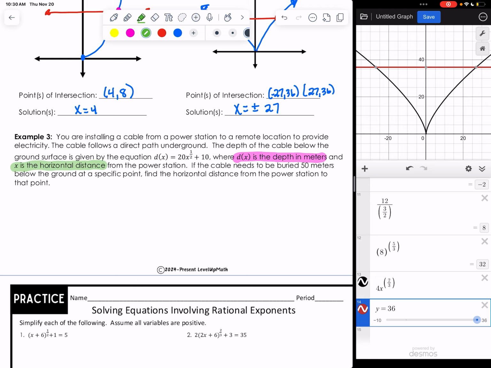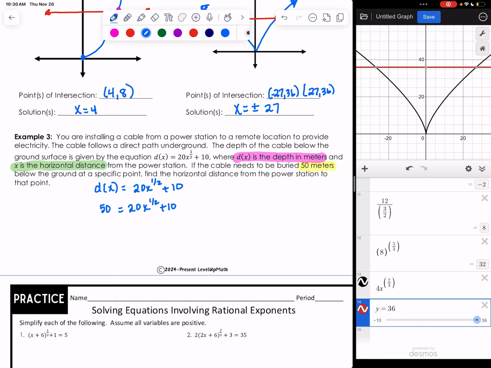So they gave us the depth, which was 50 meters. So into this equation, d of x equals 20 times x to the 1/2 power plus 10, I'm going to plug in a 50 for the depth. So 50 equals 20 times x to the 1/2 power plus 10.